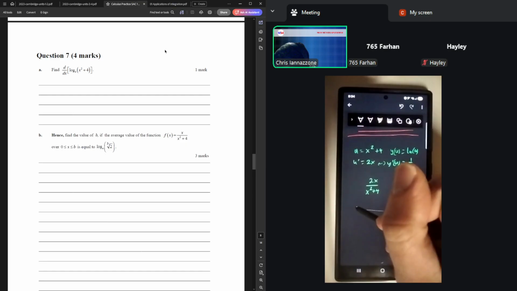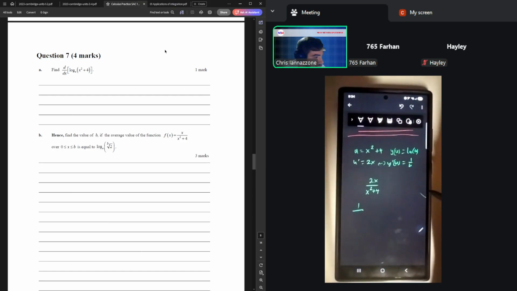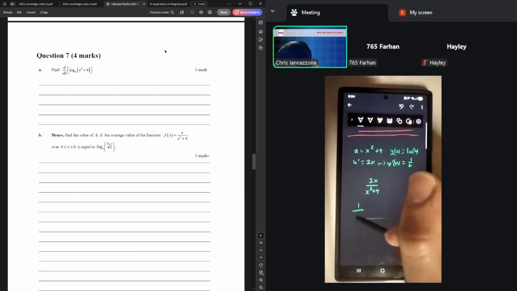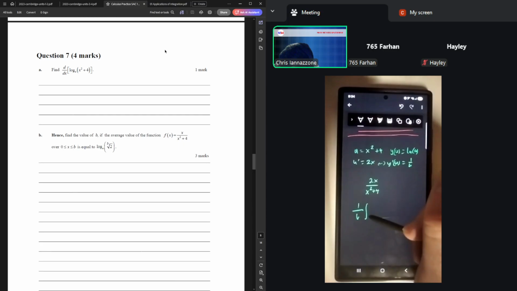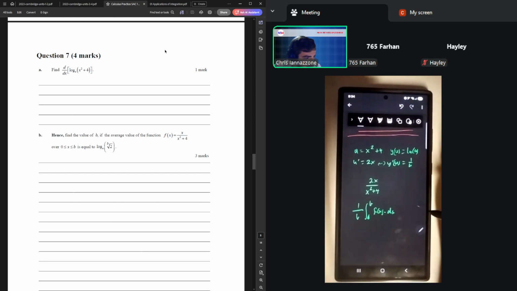So in other words, we had 1 over, I guess it's just b because it's 0 to b. That's the length of our domain. Then it was 0 to b for our terminals and the function. So I'll just use f of x just to be a bit shorter with it. And that is equal to the natural log of the bth root of 2.